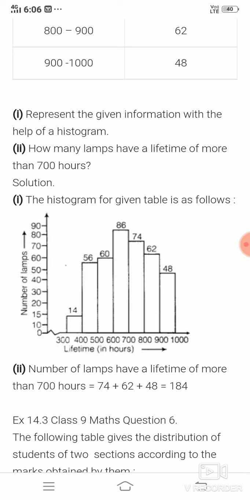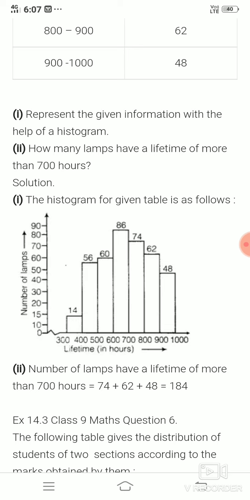For the first rectangle, the height is 14. Between 10 and 15 you can draw 14 easily, reducing one for each two lines. Then 56 is between 50 and 60, and 86 is exactly at the 60 mark. The y-axis scale in the figure is given in the wrong manner.